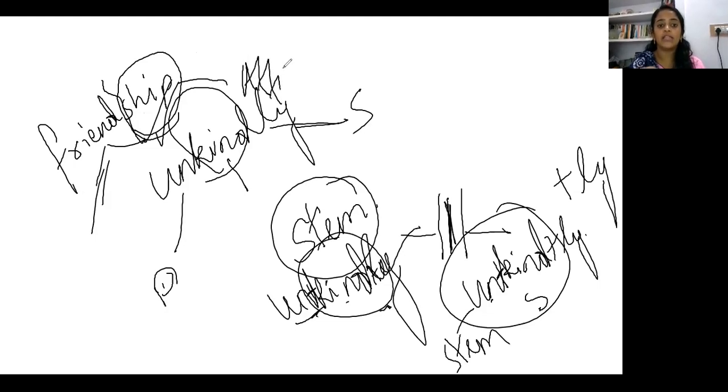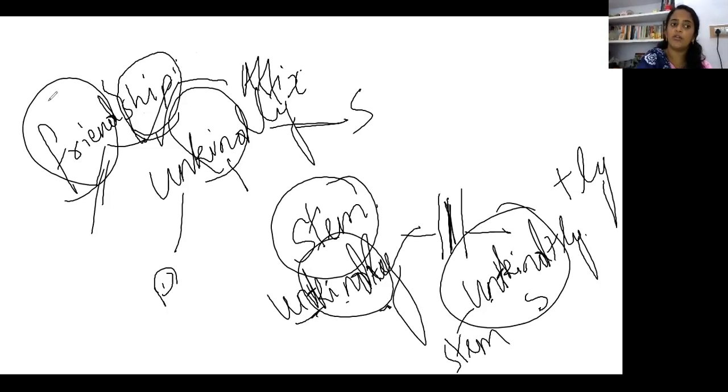Why? Because even though ship has a meaning on its own, a mode of transportation, it has nothing to do with the word friend, does it? If you look at meaning in context, the meaning of this particular morpheme has nothing to do with the context of this word, and that is why it becomes meaningless. It becomes an affix. All right, so that is another doubt that I wanted to clear with you all.